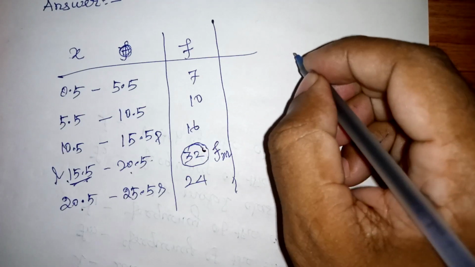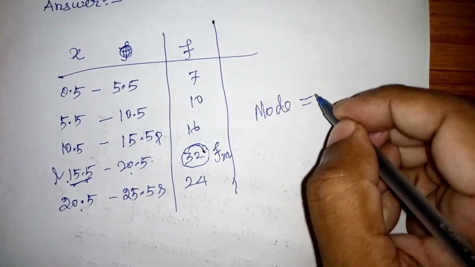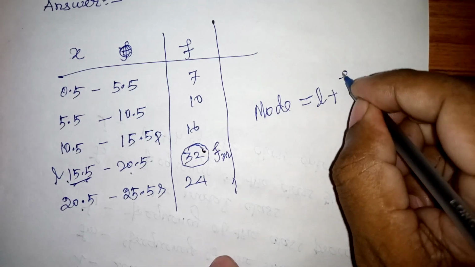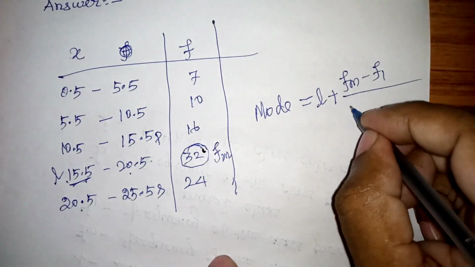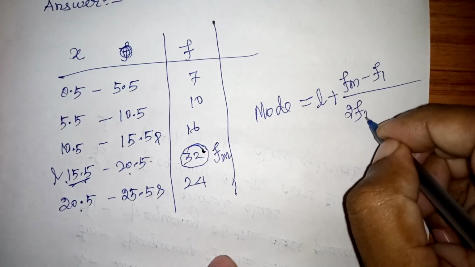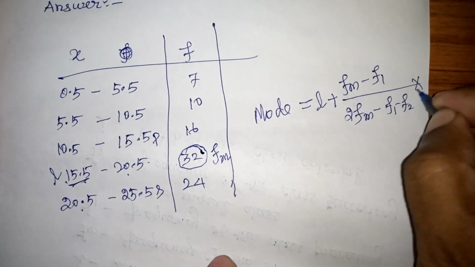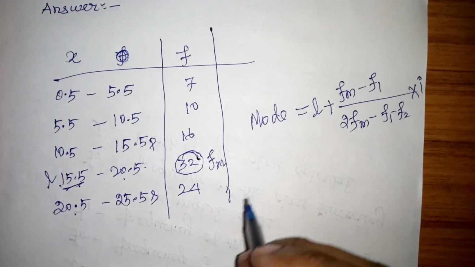Therefore from the data we know the formula: mode is equal to L plus (Fm minus F1) divided by (2Fm minus F1 minus F2) into I. Now substitute.